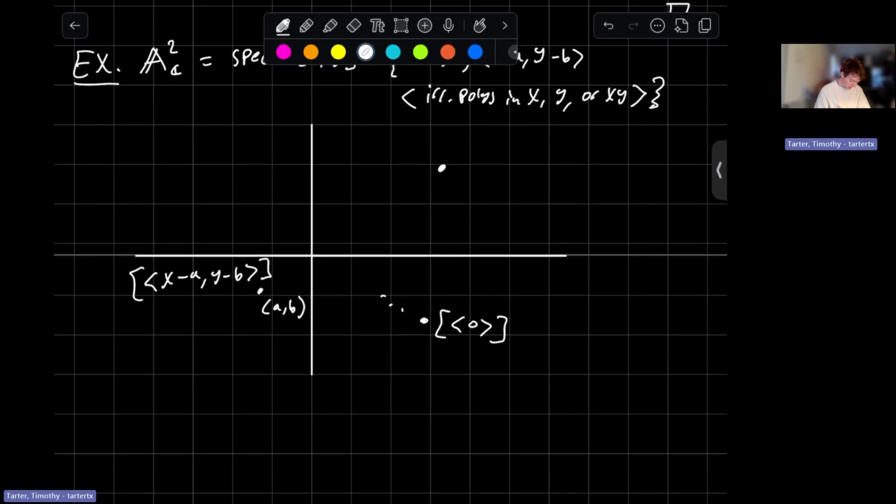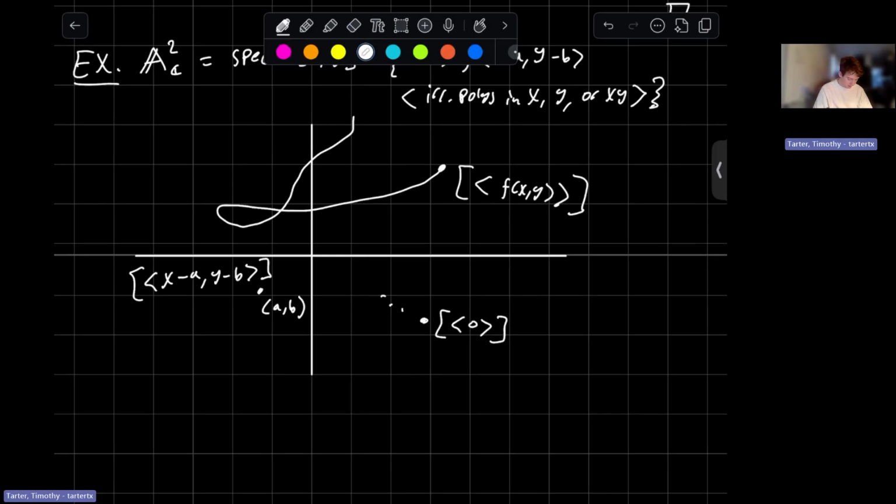And then if you have some ideal generated by f of x comma y that's irreducible, then you can evaluate it kind of as its own point set of points.